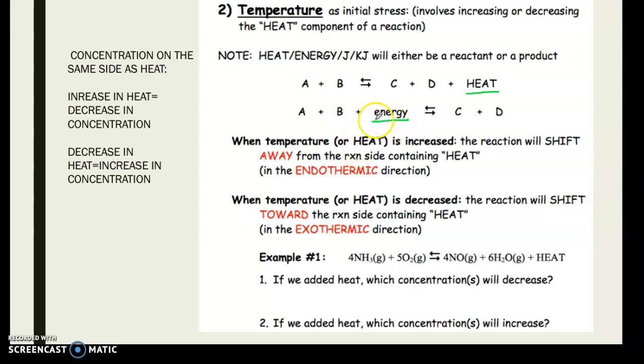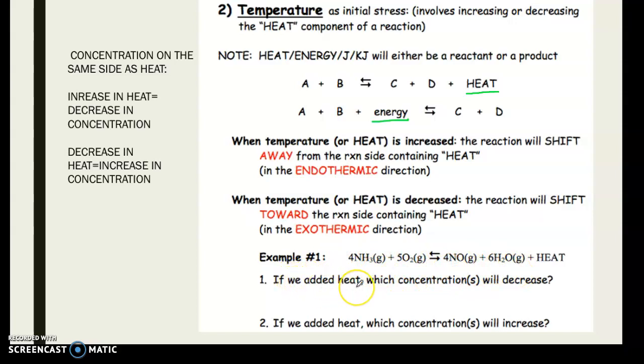If we increase temperature or heat, we're going to shift away from it, and wherever we shift, we're going to benefit that side. However, if we decrease temperature, we're going to shift towards the side that contained the heat, and we're going to benefit that side.